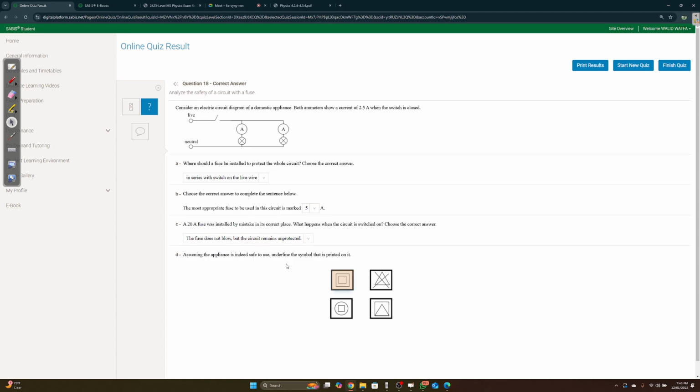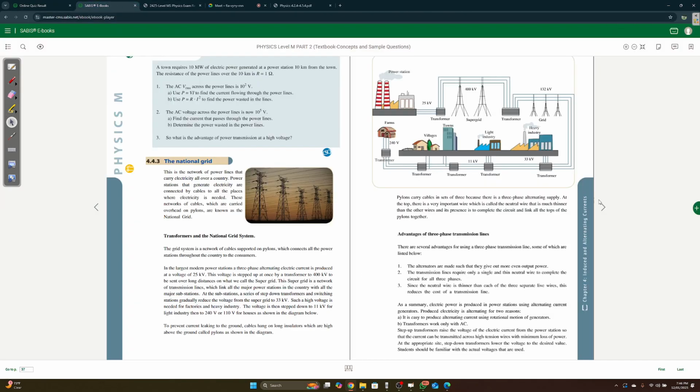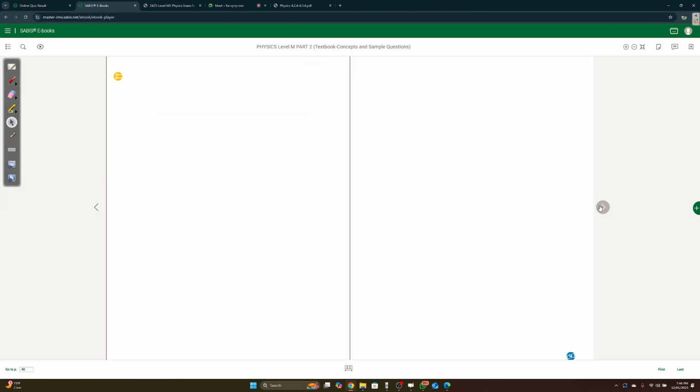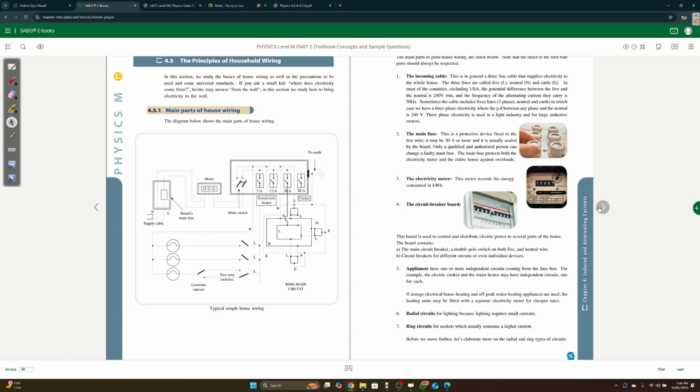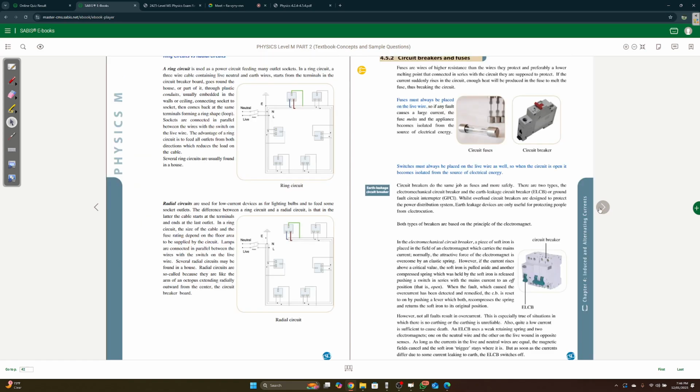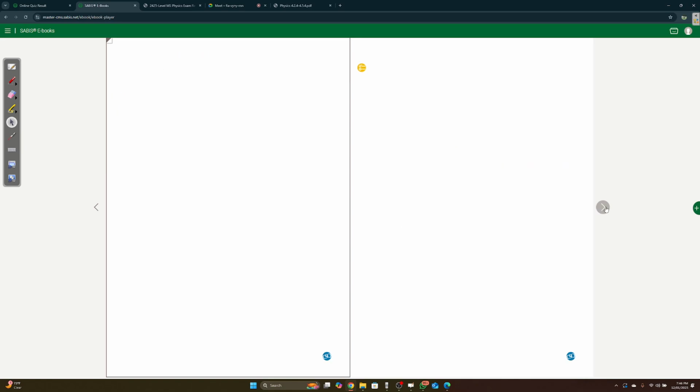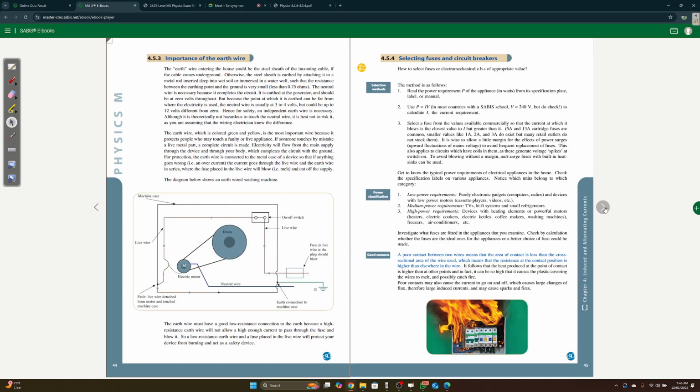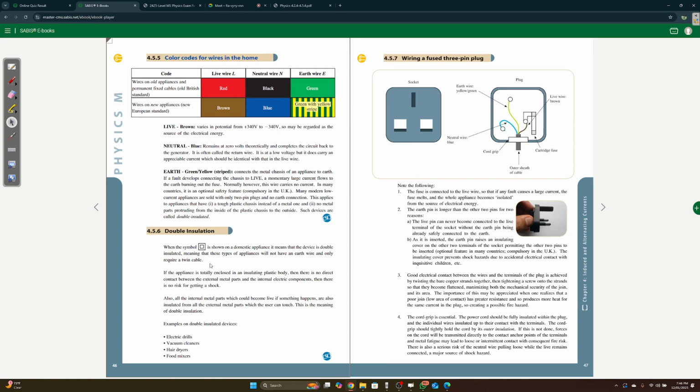Assuming the appliance is indeed safe to use, underline the symbol that is printed on it. It should be this one. This wasn't in the book from what I saw, but it was in a previous exam question. I can't see it anyway. Oh yeah, here.